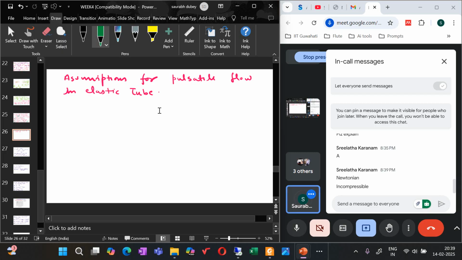Newtonian, incompressible. Yes, it is correct. Both are correct. Apart from that, anything else? Laminar flow, right?